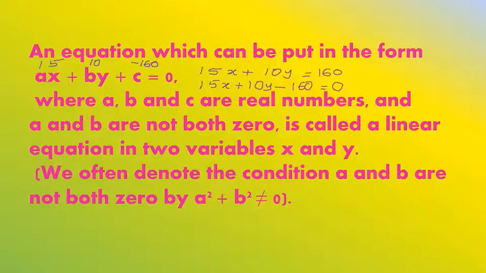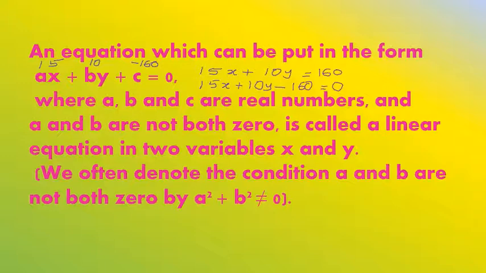If this 15 becomes 0, then 0 into x, that whole thing becomes 0. Then 10 into y, if b becomes 0, the whole thing becomes 0. So 0 into x is 0, so this x term does not exist. Then there are no two variables, there is only one variable y over here. Understood? So in linear equations with two variables, a and b should not both be 0.